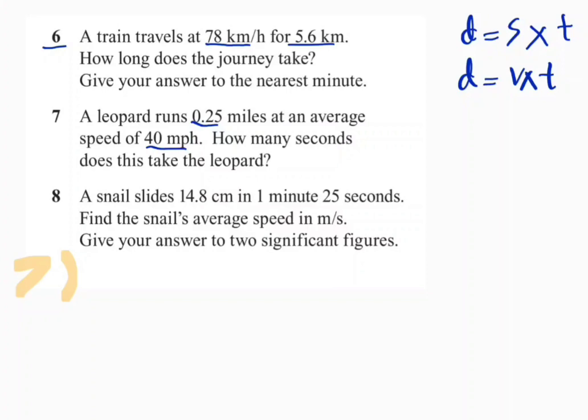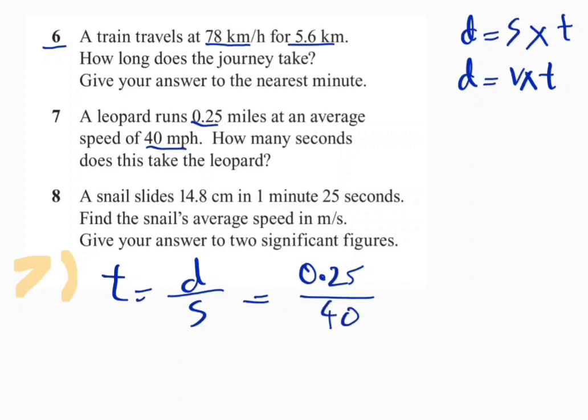So this question is similar to the previous one, but we are just dealing with some different units this time. So again, we want to work out the time, and time is equal to distance divided by the average speed. So we plug in the values. 0.25 is the distance and the average speed is 40 miles per hour.